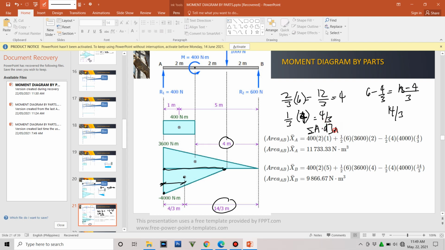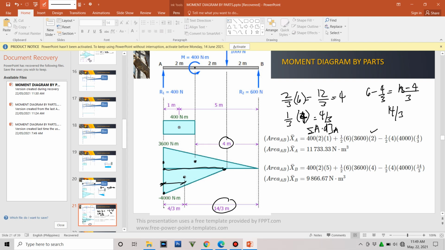Moment of area about A. So, unahin muna natin yung rectangle, 400 times 2, 400 by 2. 1 yung distance niya from A. And then, for this triangle, 1 half 6 times 3,600. Ano yung distance nito up to this A? That is 2. Okay. This one. And then, minus this triangle, 4,000 by 4 all over 2 times the distance of this 4/3.